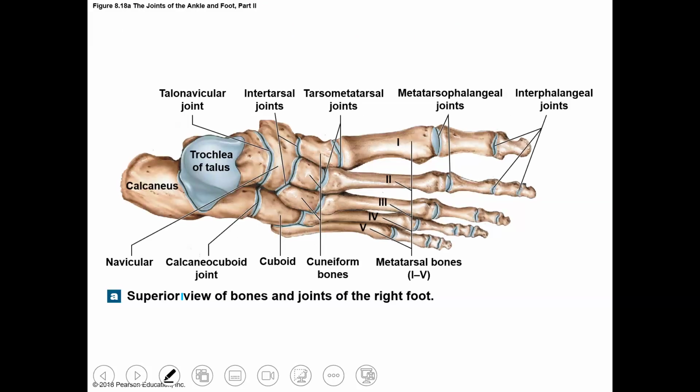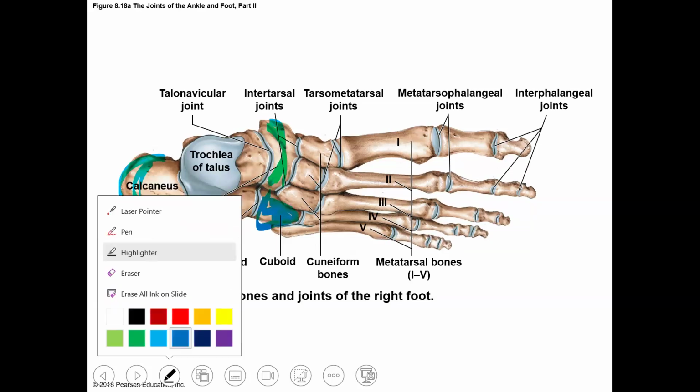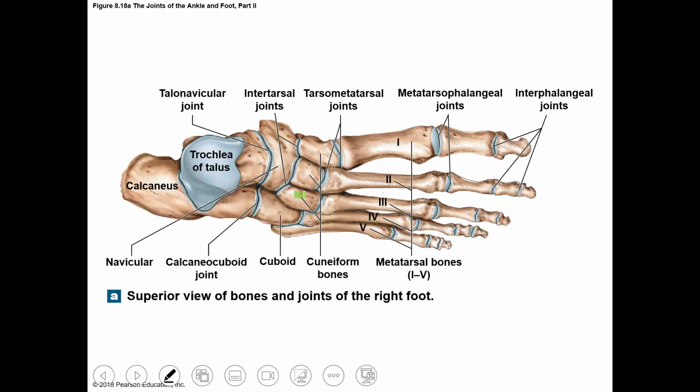And here you go. Okay, so we see all the different bones of the foot here. You see the calcaneus, this is our heel. You can see the navicular, which means boat, so it looks like a boat. And then cuboid right here, cuboid bone. And we have our cuneiforms right here, so our cuneiform bones, these bones right here.